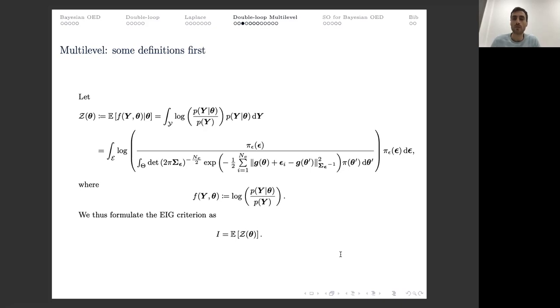On the other hand, in the inner loop, we have the theta that comes from the outer integral and the theta prime, which is a dummy variable in this integral. Then we have to compute the model here in order to compute this integral. And we can reformulate the expected information gain as the expected value of this Z functional.